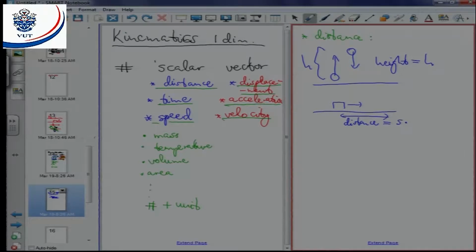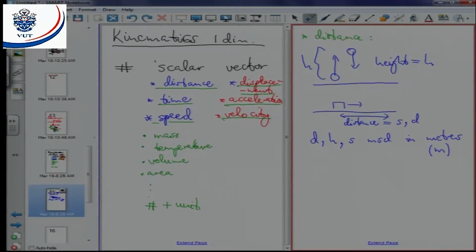Sometimes people use d. Distance, or height, whatever symbol you use, is measured in meters. So the SI unit is meters, and we just write the symbol m.